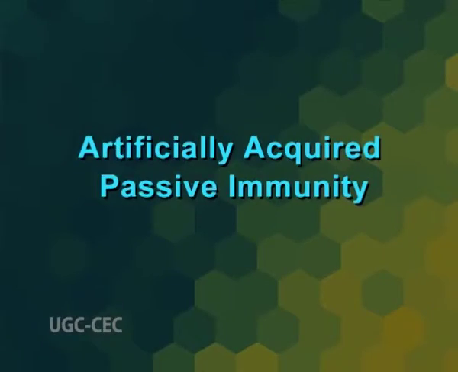Artificially acquired passive immunity. In certain conditions, patients are administered preformed antibodies to neutralize the effects of infectious agents. This can be used as a prophylactic step or for immediate treatment against some invading agent.